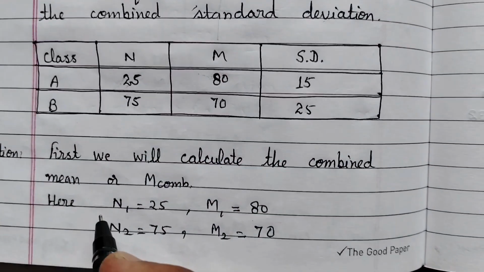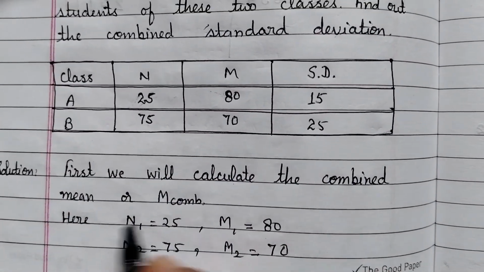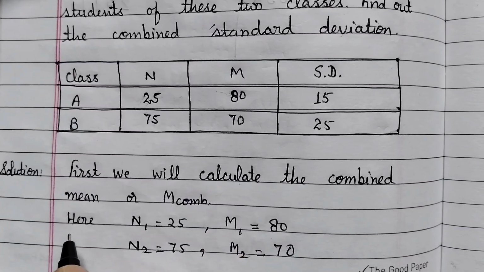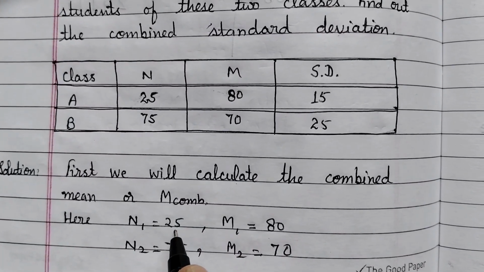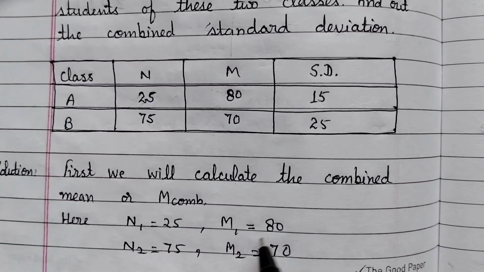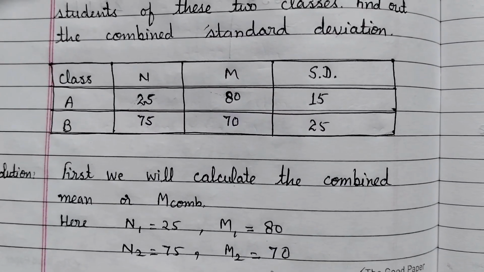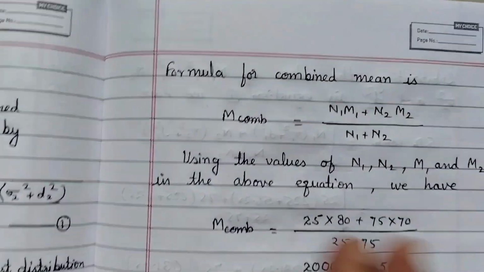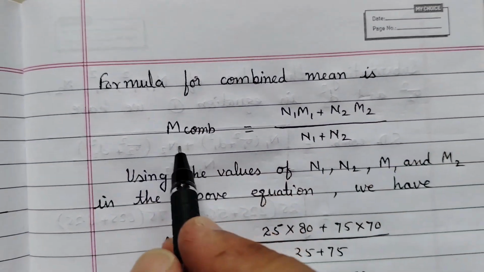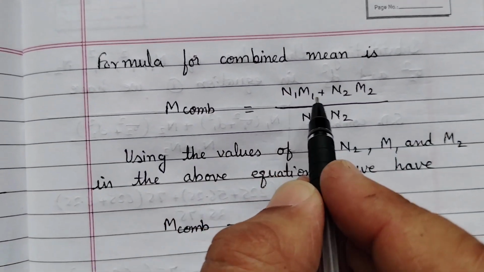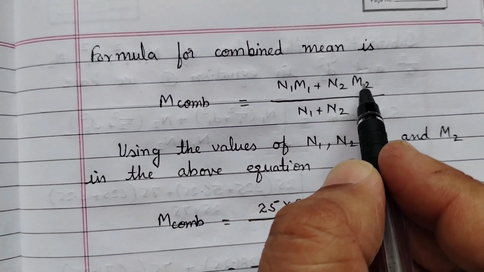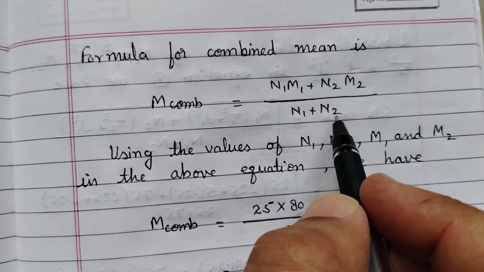Solution. First we will calculate the combined mean, or m combined. Here n1 is equal to 25, m1 is equal to 80, n2 is equal to 75 and m2 is equal to 70. Now the formula for combined mean is m combined is equal to n1 m1 plus n2 m2 upon n1 plus n2.